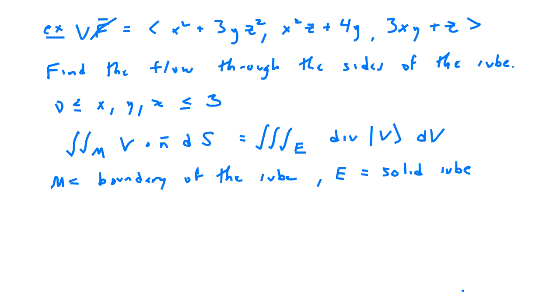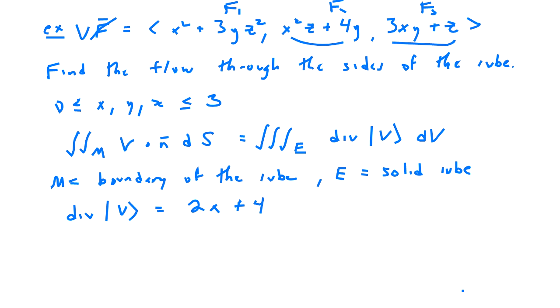And then divergence. So here, this is F1, F2, F3, or V1, V2, V3. Take the derivative, the first one with respect to x. So the derivative of the first one with respect to x is 2x. The derivative of the second one with respect to y, so plus 4.